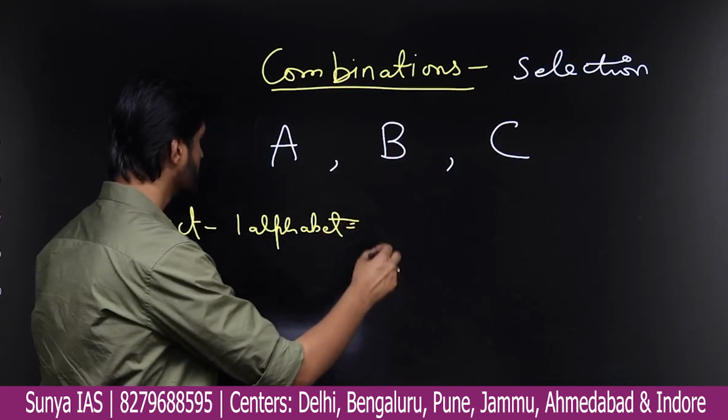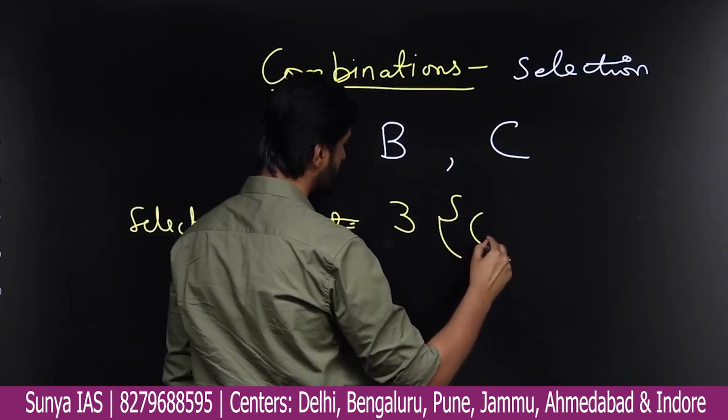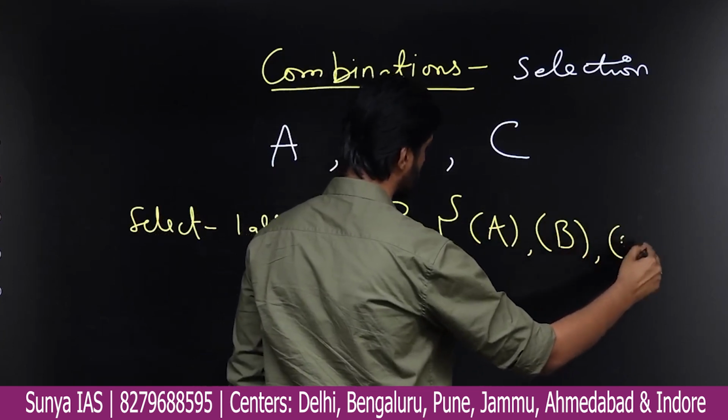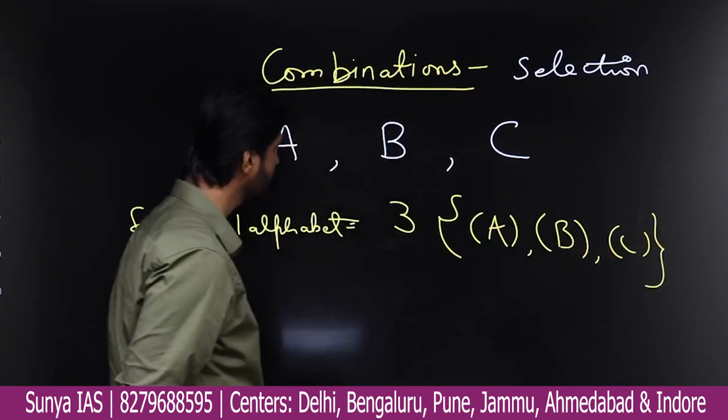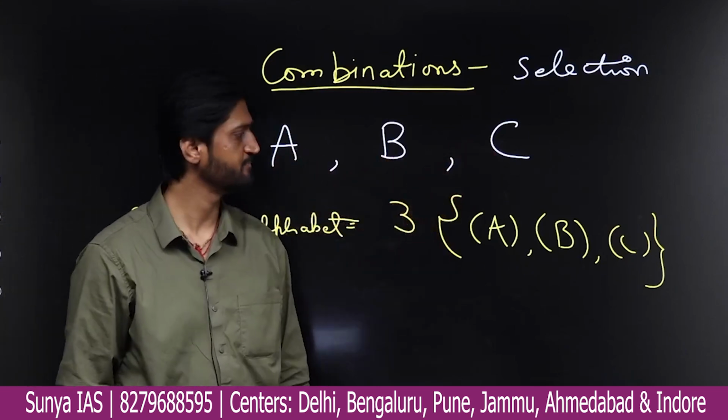What are the possible choices I have? Either I can choose A, or I can choose B, or I can choose C. So I have a total of 3 ways of choosing any one of them.